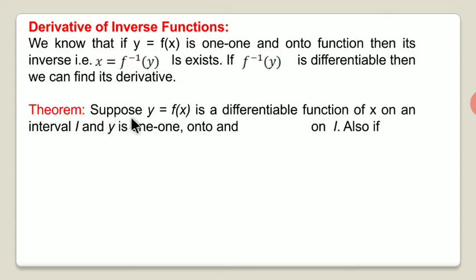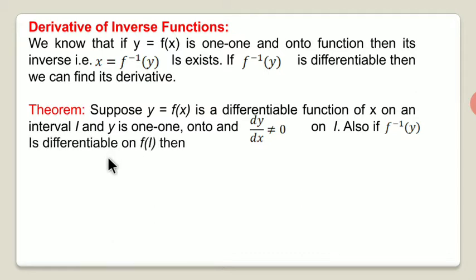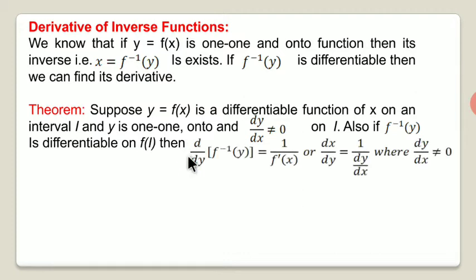That theorem is: suppose y is equal to f of x is a differentiable function of x on an interval I, and y is 1-1 on I and dy by dx is not equal to 0 on I. Also, if f inverse of y is differentiable on f of I, then d by dy of f inverse of y is equal to 1 upon f dash of y. Sorry, f dash of x. Or we say this as dx upon dy is equal to 1 upon dy by dx.